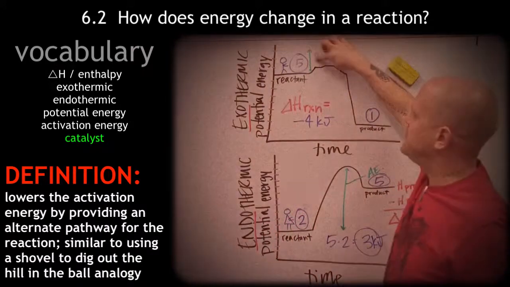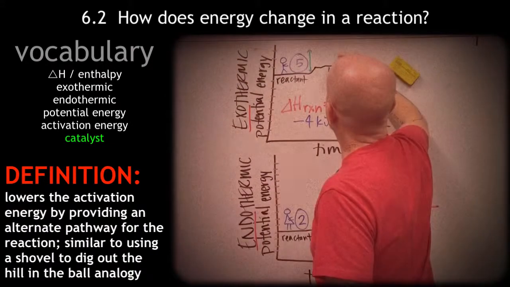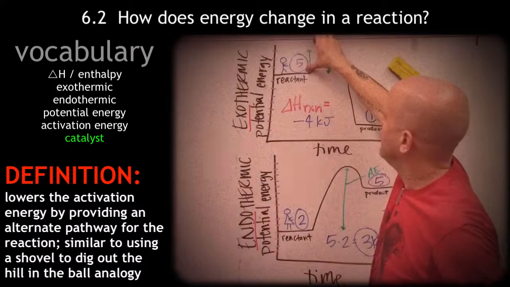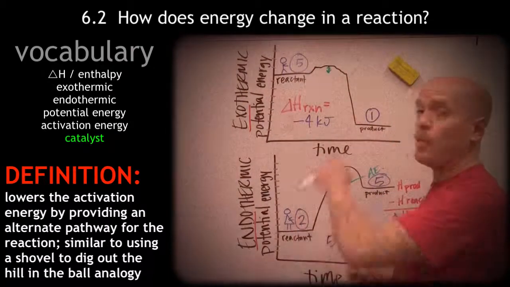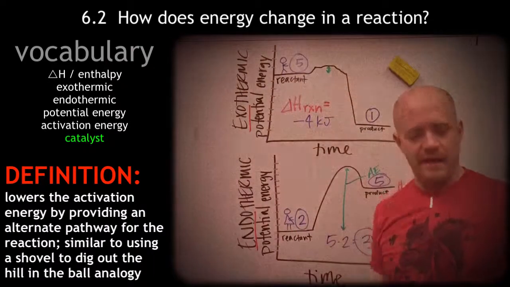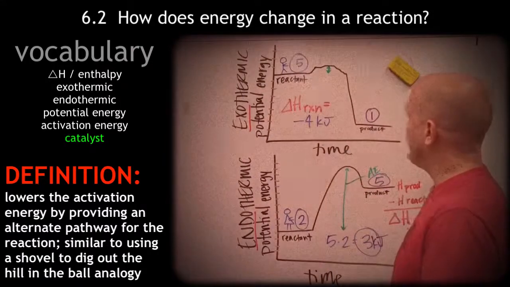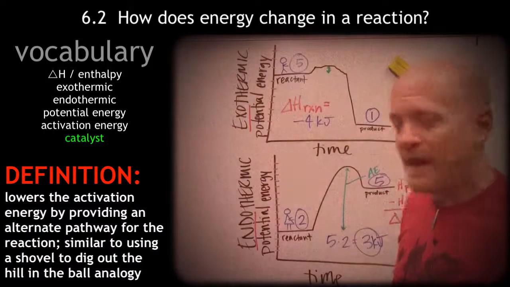My activation energy is no longer very high, but actually quite low, meaning that this reaction is going to go relatively fast with the catalyst. So again, think about it. A catalyst is like a shovel, lowering the size of this hill and allowing the reaction to occur more rapidly.